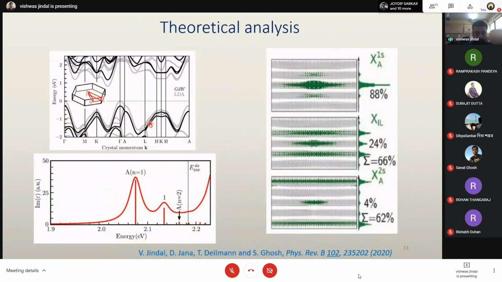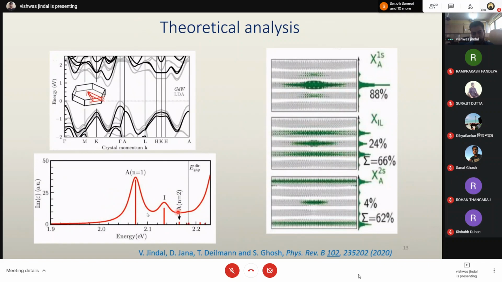But once you get this electronic band structure, you can also calculate the absorption spectrum of your material using something known as the Bethe-Salpeter equation, which is the quantum field theory equation for the hydrogen atom. In that you just replace the electron and proton with the electron and hole of your material, change the background dielectric permittivity, and you can get an absorption spectrum.